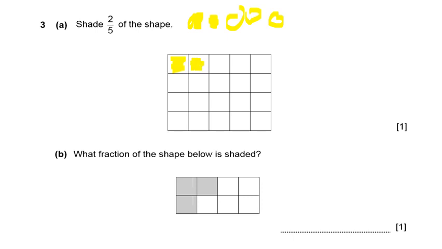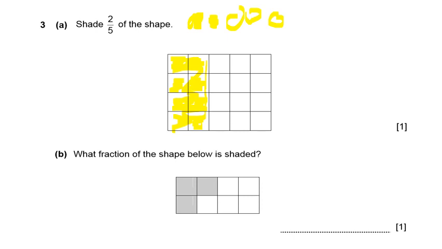So here I shade 1, 2, 3, 4, 5, 6, 7, 8. So in total 8 squares.